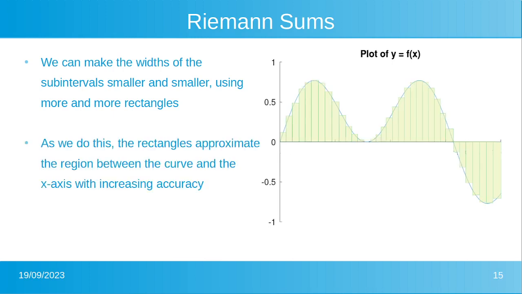So we've just shortened our subintervals further, and we've used a large number of rectangles. And as we watch that process, the rectangles approximate the region between the curve and the x-axis with increasing accuracy as those subinterval lengths get shorter and the number of rectangles increases.